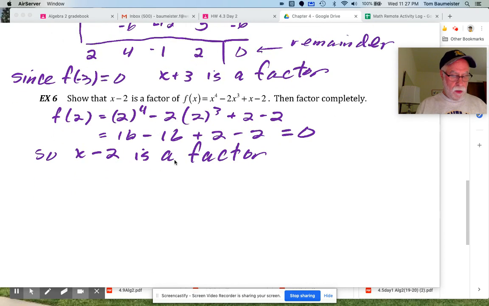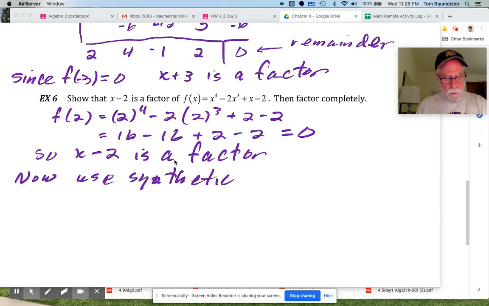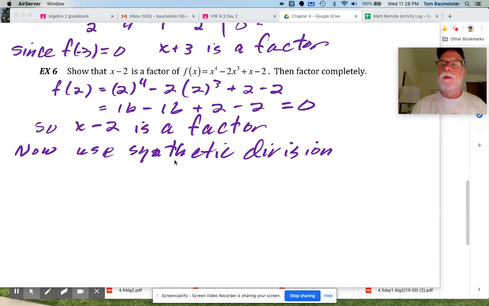Now remember, when I say it's a factor, it is going to be part of our answer. All right? So now, again, I like using synthetic division. I think that's easier than dividing the other way. So I'm going to now use synthetic division. Our k is going to be 2, so we're going to put that on the outside.